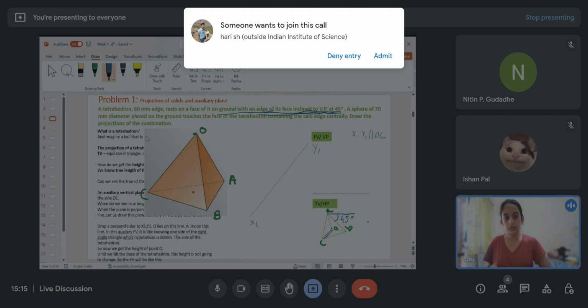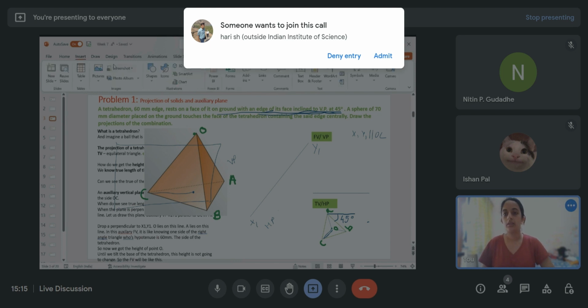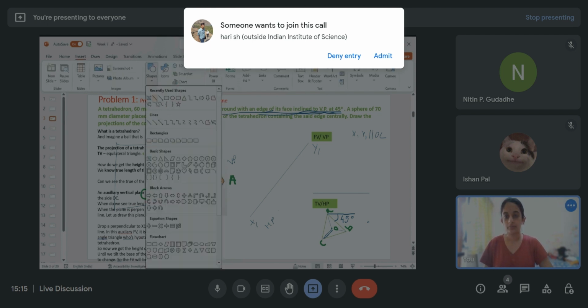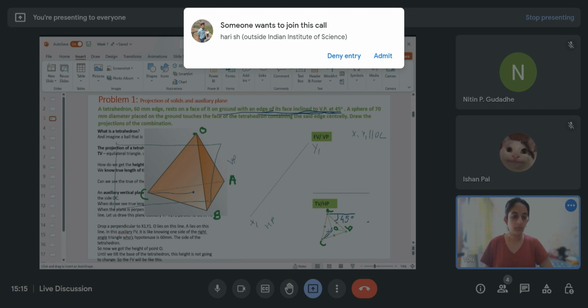I had this line OC like this, and I have constructed a plane that is now parallel to this line OC. So this will be my horizontal plane, and this will be my vertical plane. Now here this is parallel to this. So if I draw a perpendicular from point O to xy and extend it further.